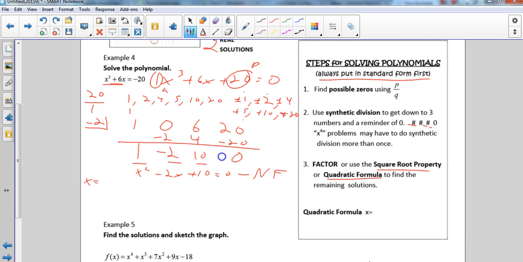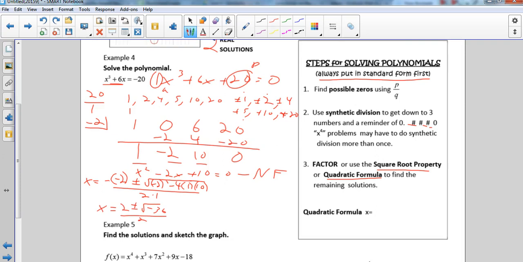So that is x equals the opposite of b, which is negative, plus or minus the square root of b squared minus 4ac, all over 2a. Now, after I do this, I will get x equals 2 plus or minus the square root of negative 36 over 2.